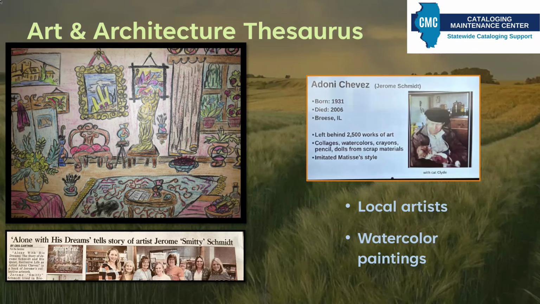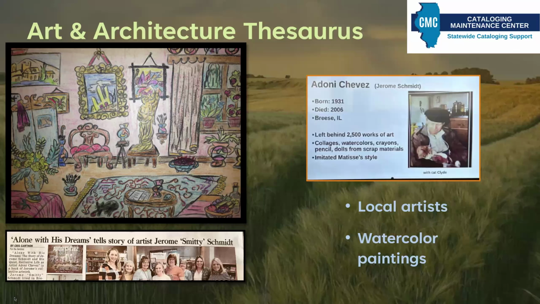So I cataloged this book for the Breeze Library in 2024. At that time, I only added the Library of Congress subject headings to the record. But when we started with this presentation, I thought that the story behind these paintings was interesting, and I thought it was a good book to apply AAT headings to.